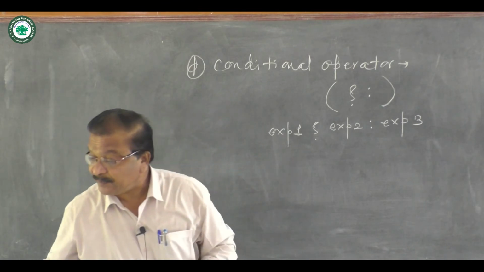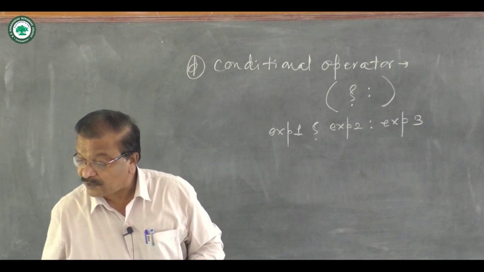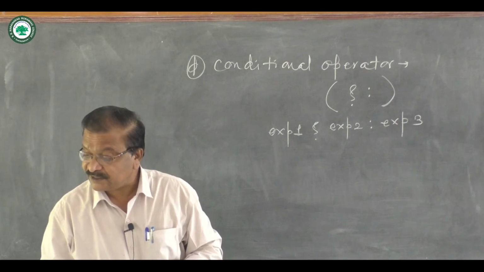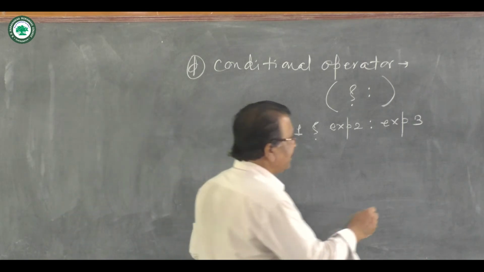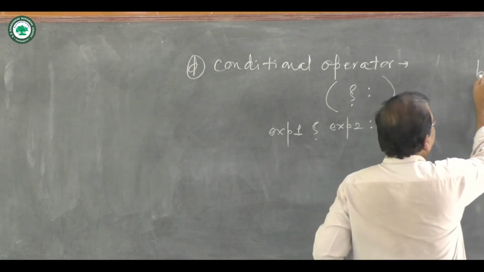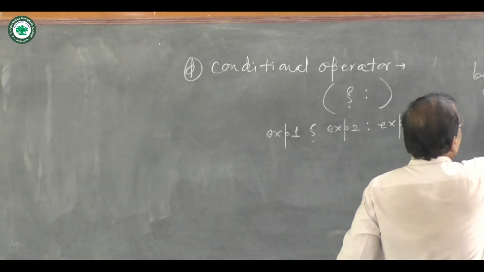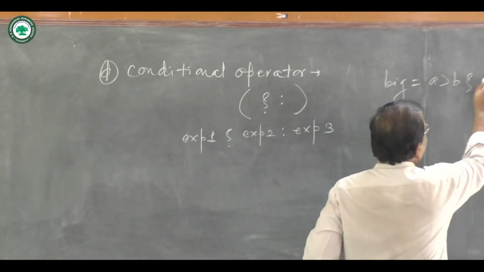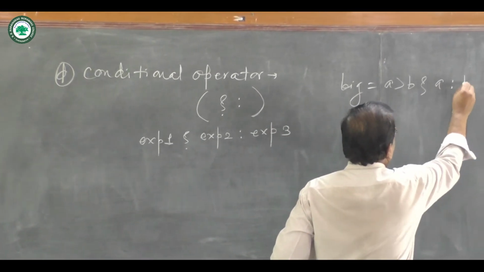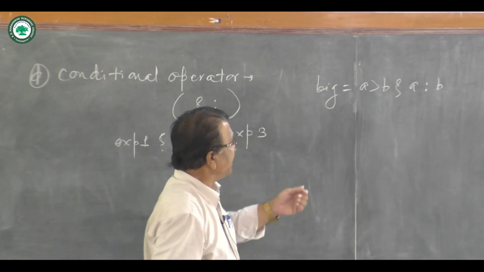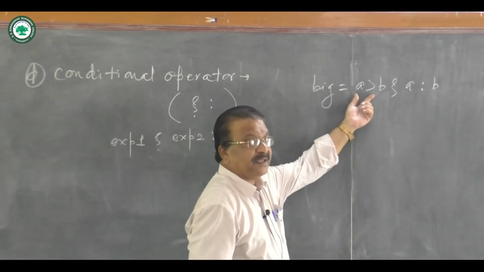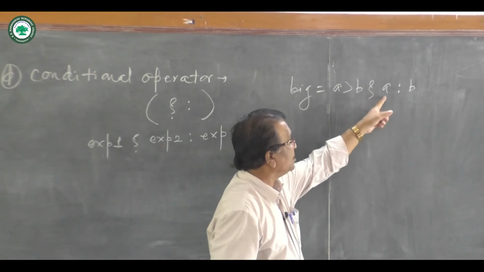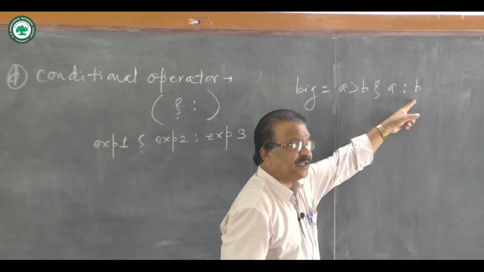Here is an example of how this operator can be used in C programming. The example is: big equal to A greater than B question mark A colon B. Here A greater than B is expression 1, A is expression 2 and B is expression 3.